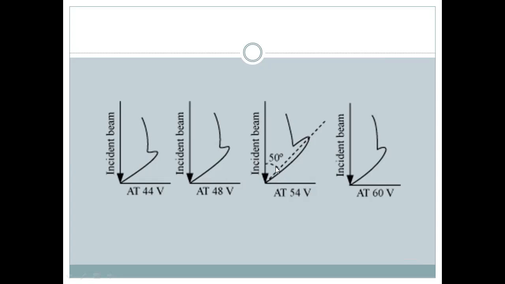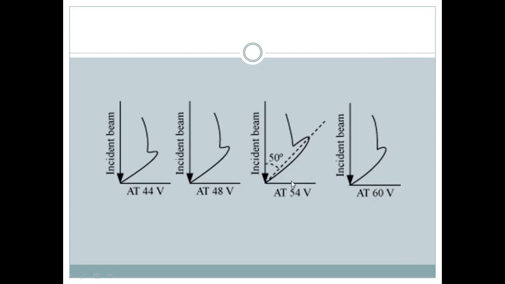Beyond 54 volts, if you increase the potential, this bump vanishes. So the peculiar behavior is observed at a potential of 54 volts and for an angle of 50 degrees.